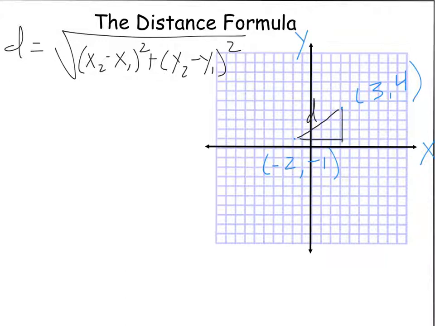And you can see if I draw in those sides like that, all of a sudden we have what looks to be a little right triangle. Now if I just count the grids on each side, I can see that this triangle that's formed, one side is 5 and the other side is 3.